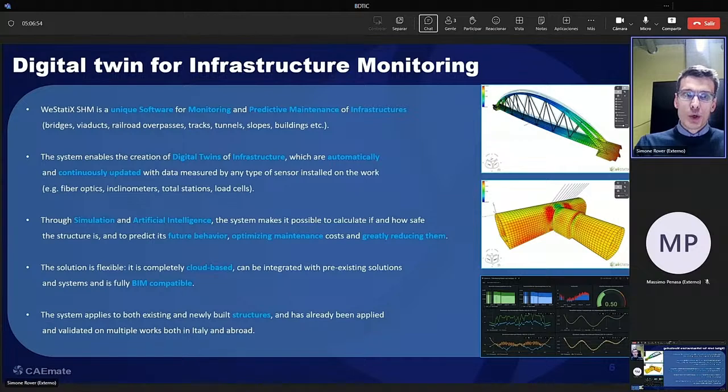And it's a new approach because this digital twin is based on numerical simulation that provides the customer the real state of the structure and the stresses to which it is subject. And through our physics-informed artificial intelligence, we are able to even predict the future behavior of the structure.